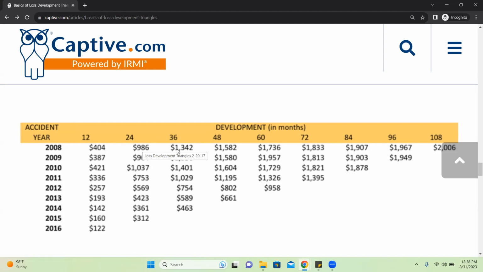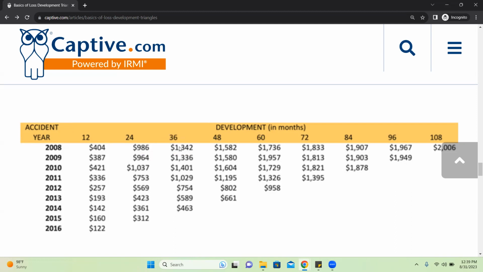And then add in another 12 months, so in month 36, it is now $1,342,000. So you could see that the numbers are accumulated. It is the accumulated figure of paid claims.